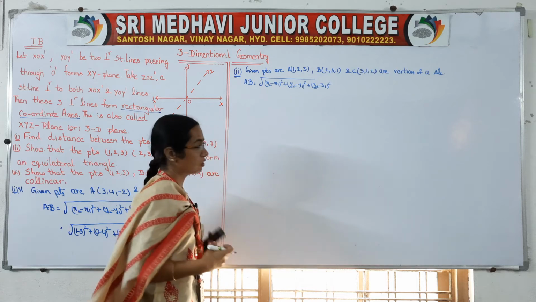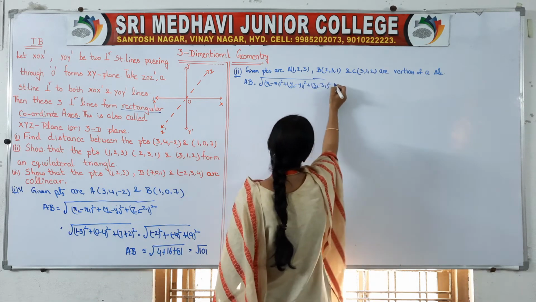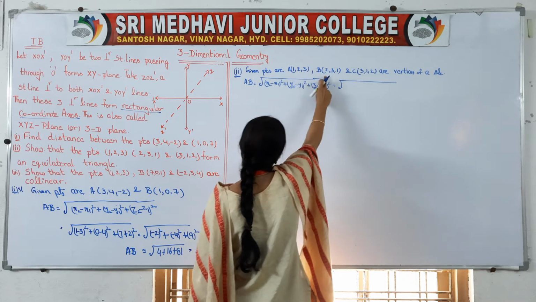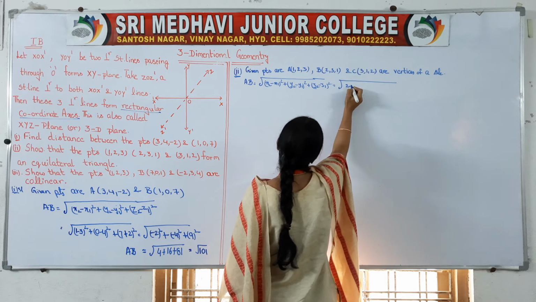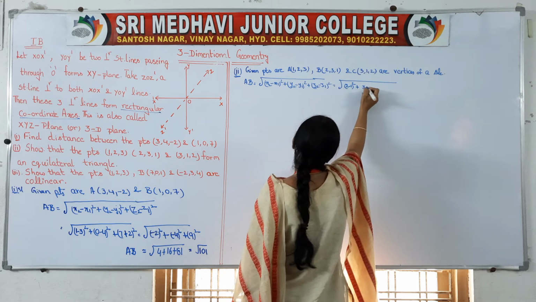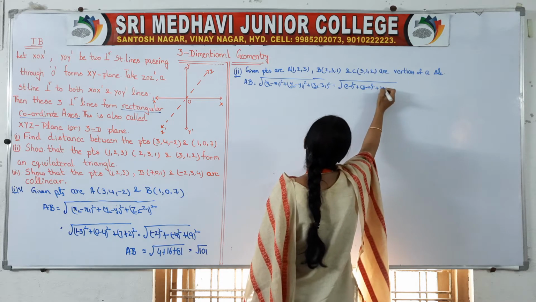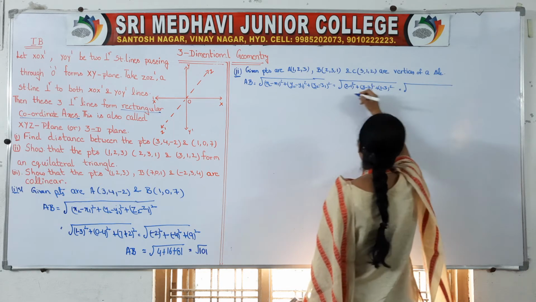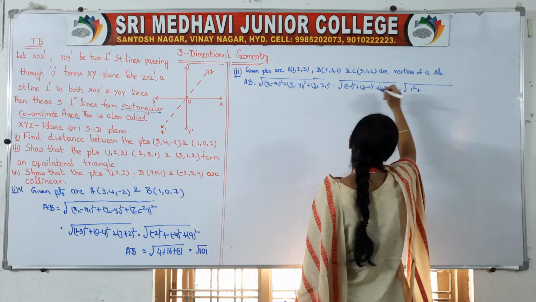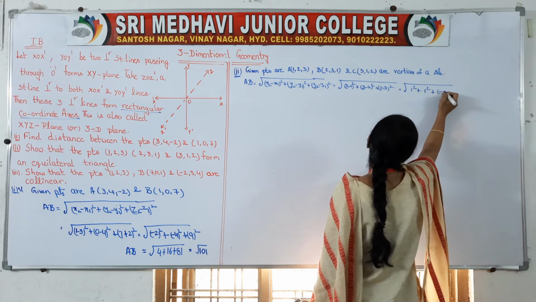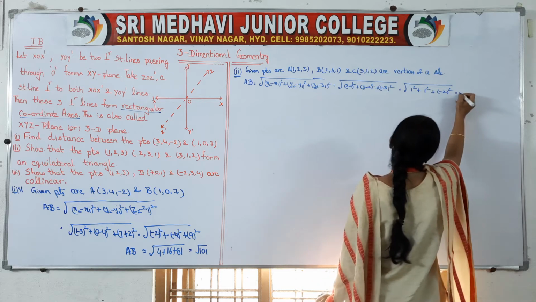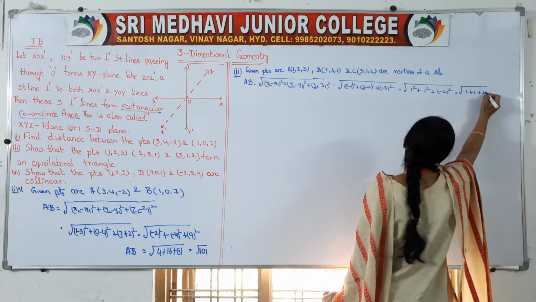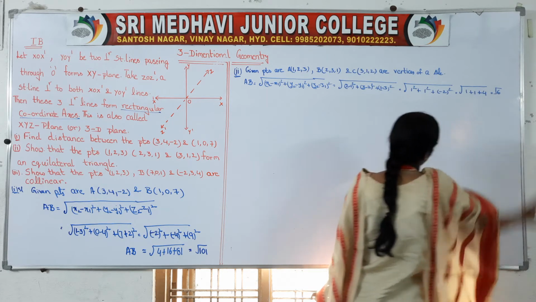Taking A points as x1 y1 z1 and B points as x2 y2 z2, it is 2 minus 1 whole square, 3 minus 2 whole square, 1 minus 3 whole square. So it is root of 1 square, 1 square, minus 2 whole square, that is 1 plus 1 plus 4. So it is root 6.